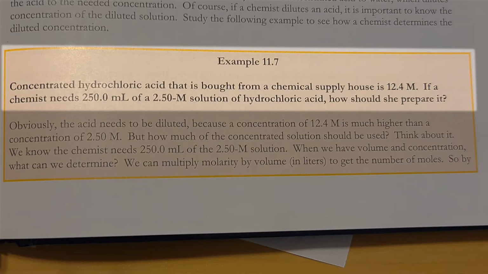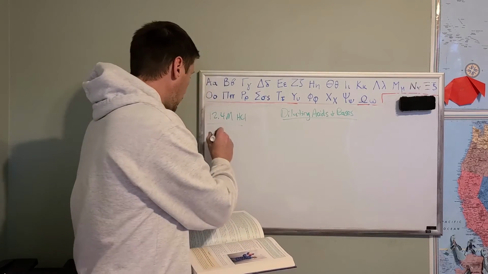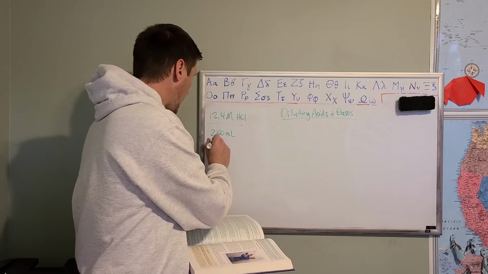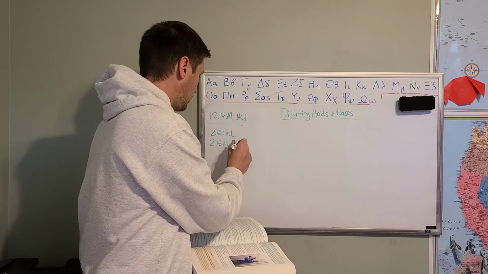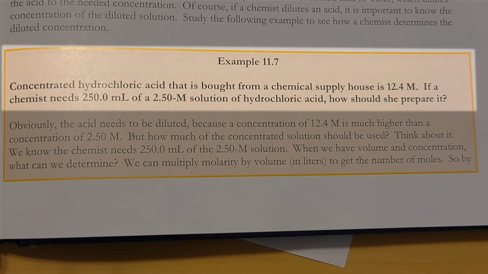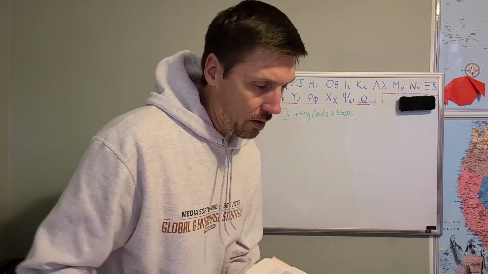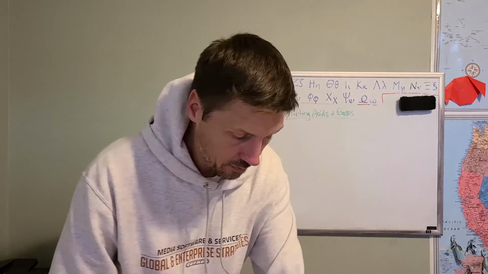The chemist needs 250 milliliters of a 2.5 molarity solution of HCl. So how should she prepare it? How do you take this 12.4 molarity solution and get from that the 2.5 molarity solution?